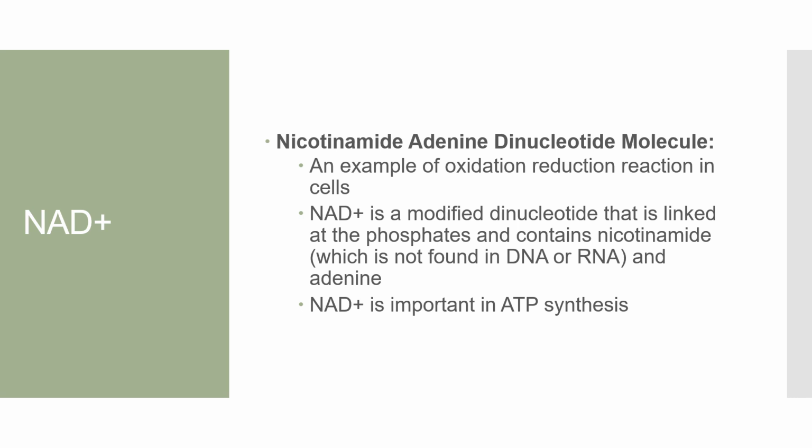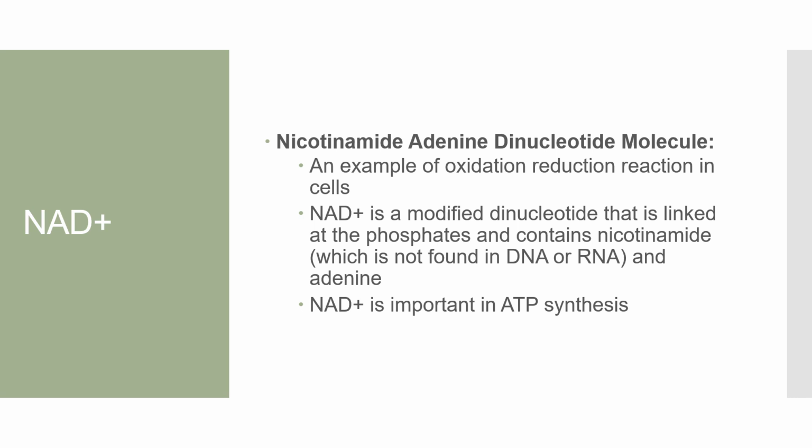NAD+ is essential for redox reactions in cells, which involve the transfer of electrons. It plays a key role in the production of ATP, the main energy currency of the cell.